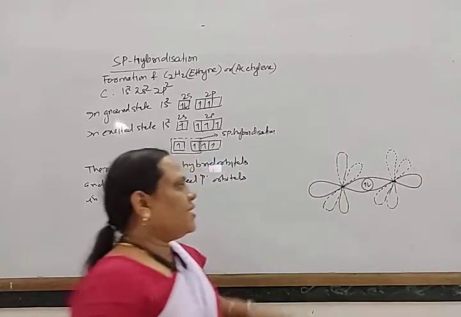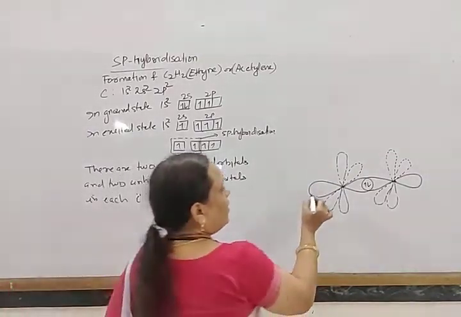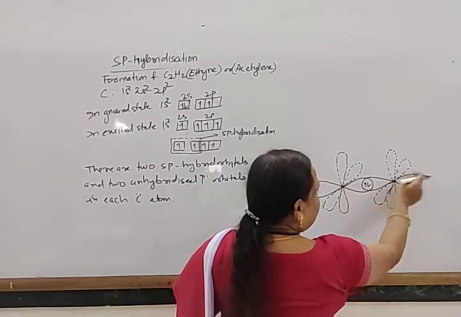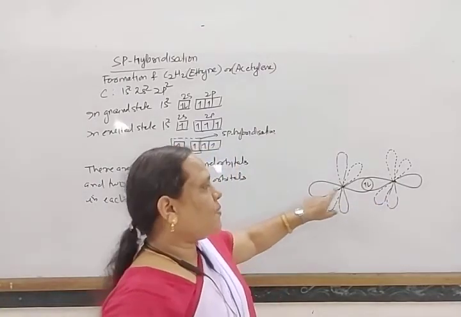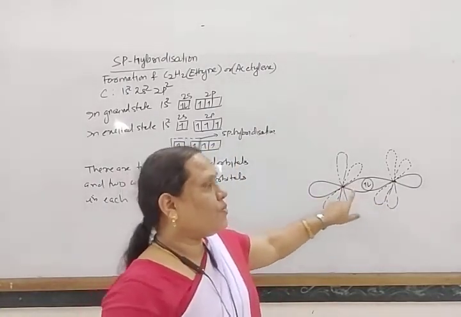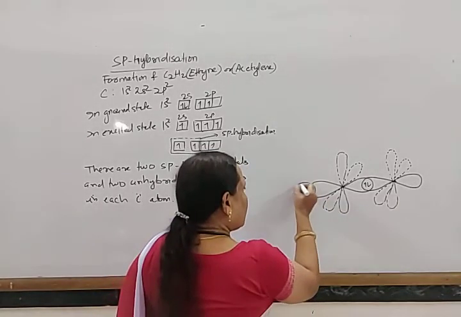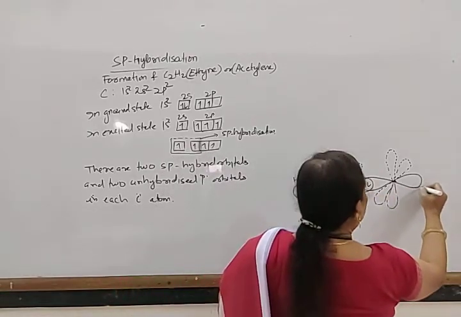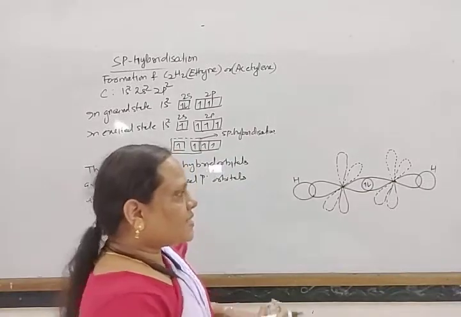Look here, in each carbon atom there are 2 unhybridized p orbitals, and these are the sp hybrid orbitals. The sp hybrid orbital of one carbon atom overlaps with the sp hybrid orbital of another carbon atom to form an sp-sp sigma bond, and the sp hybrid of one carbon atom overlaps with the 1s orbital of a hydrogen atom to form an sp-s sigma bond.